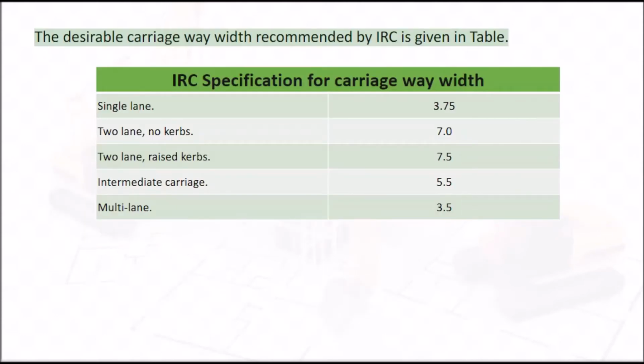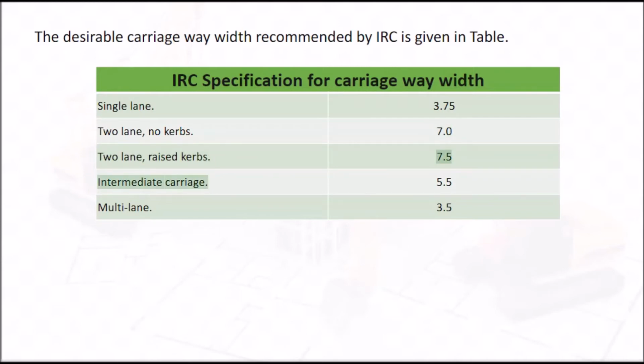The desirable carriageway width recommended by IRC is given in the table. IRC specification for carriageway width. Single lane, 3.75. Two lane, no curbs, 7.0. Two lane, raised curbs, 7.5.